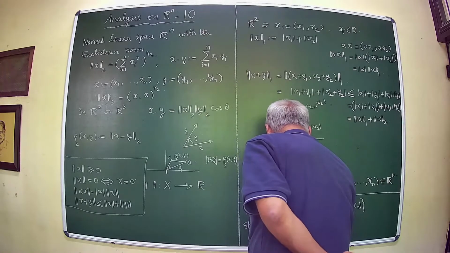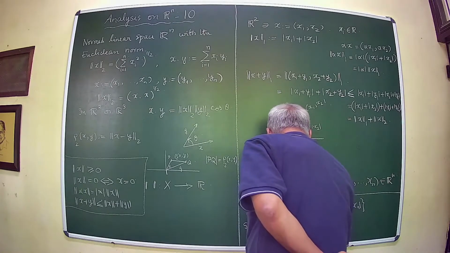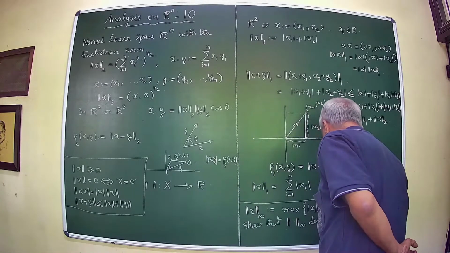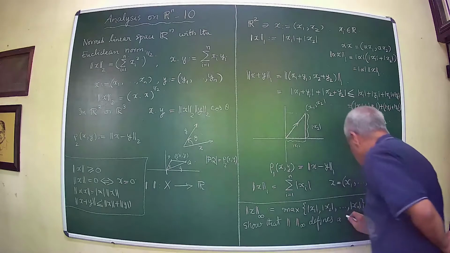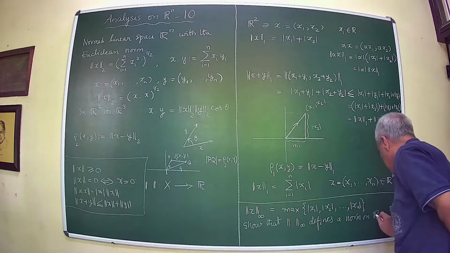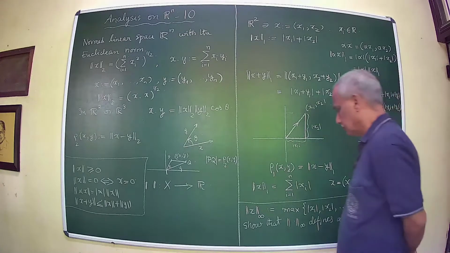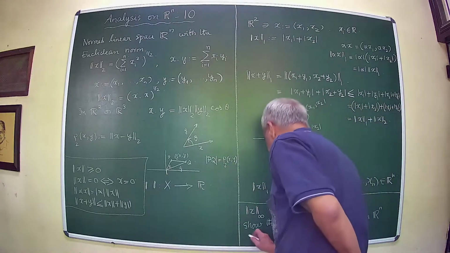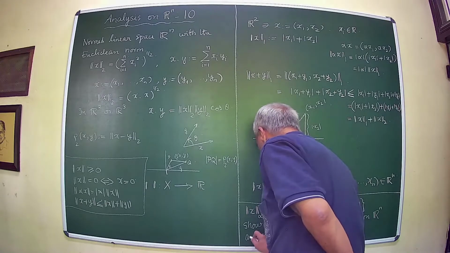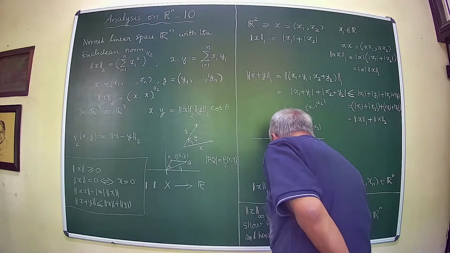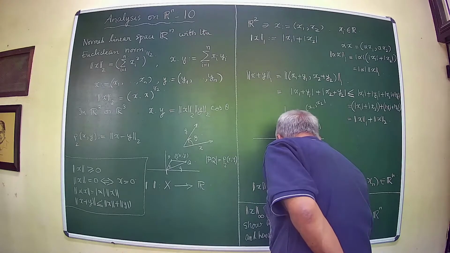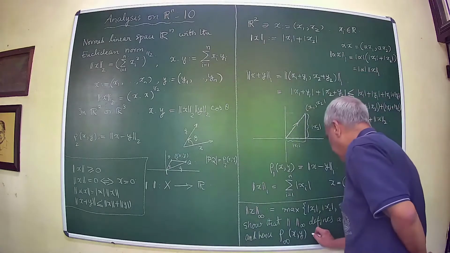Norm infinity, and hence rho infinity, defined by this.